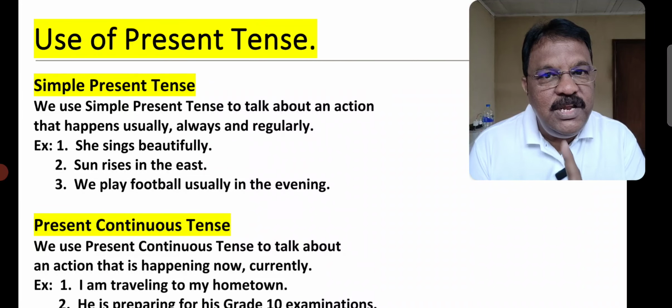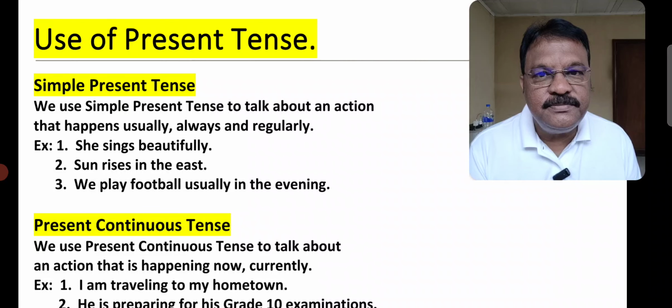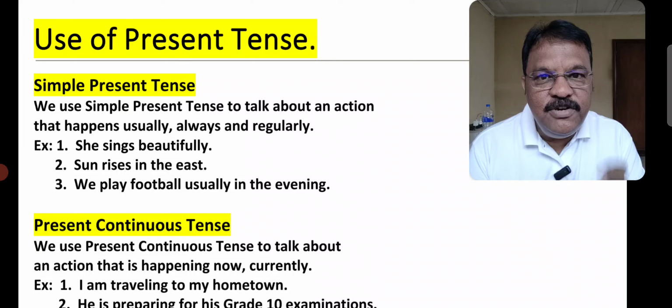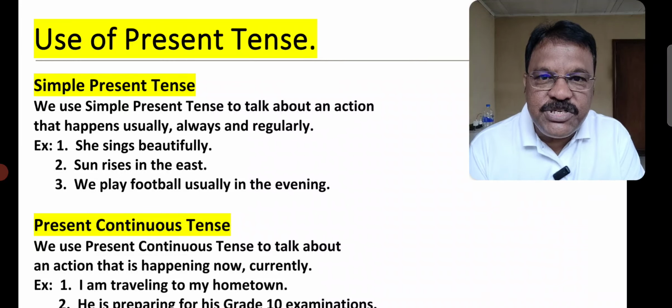Say, for example, in your country, in your mother tongue, you may have a beautiful woman singer. Okay? When you talk about her singing quality, you cannot say she is singing beautifully. When you put the verb in present continuous form, then you don't talk about the action that happens always.